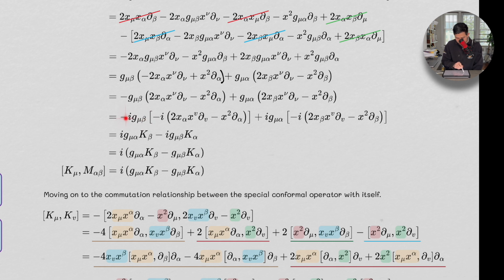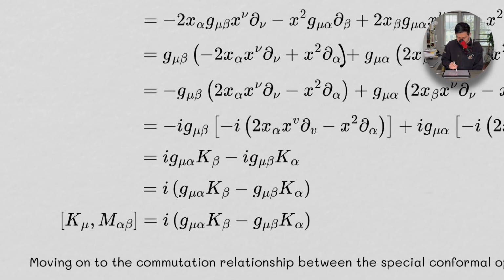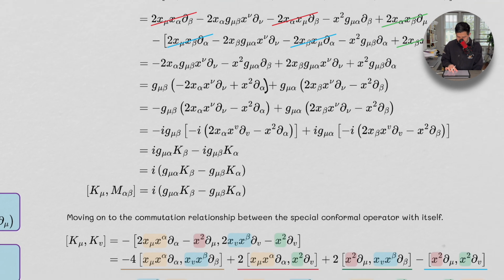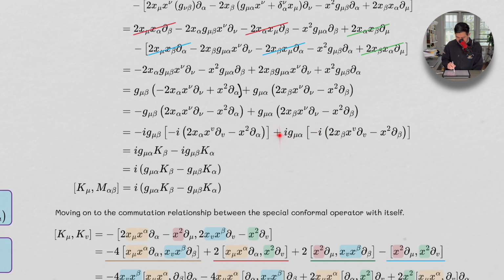So we're multiplying by negative i, and here's how this works: i times i is minus 1. Minus 1 times a negative is going to be a positive, times another negative, that's going to give us this negative right here. We do the same thing here, and you can see how this works.